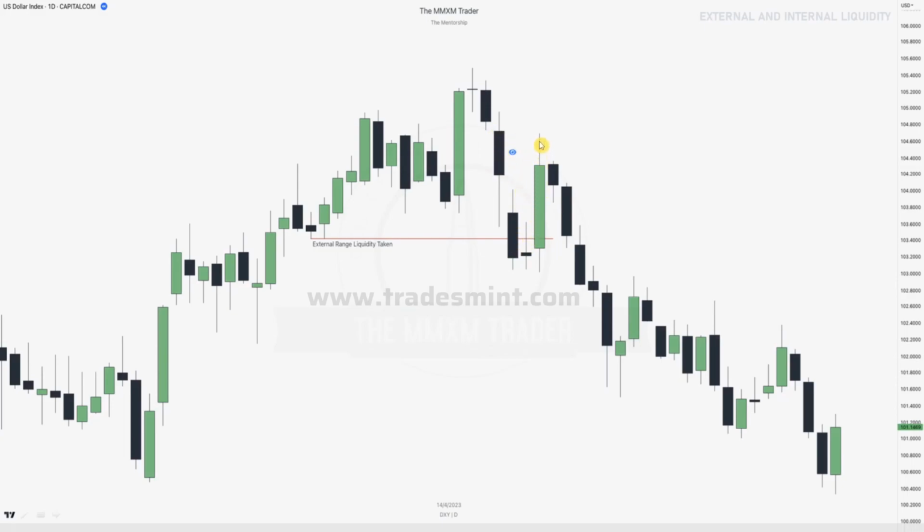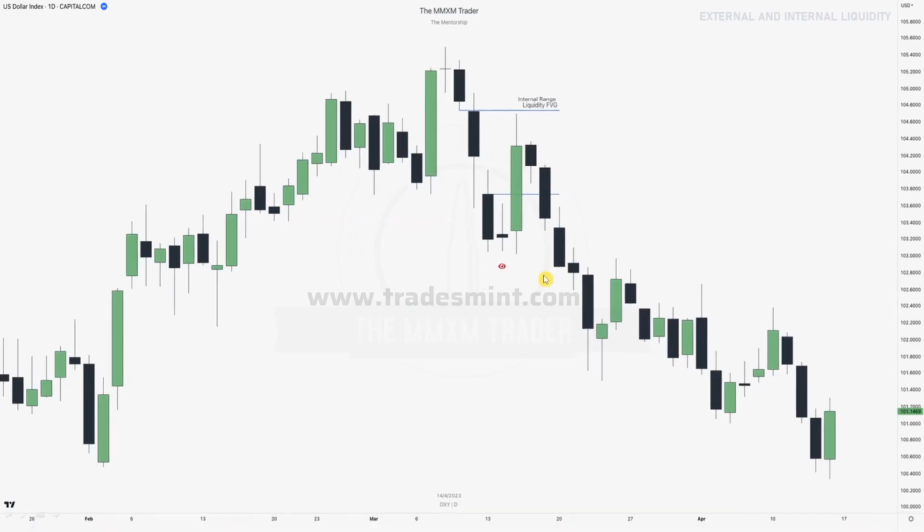Price reprices back into that imbalance over here. So we hit that internal range liquidity. What do we want to do after we take internal range liquidity? Go back to external, right? We fill this up. We look for this external range liquidity down here. And we keep declining. We take out this external range.